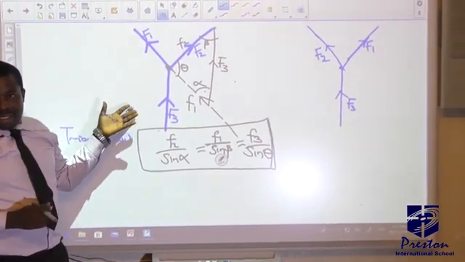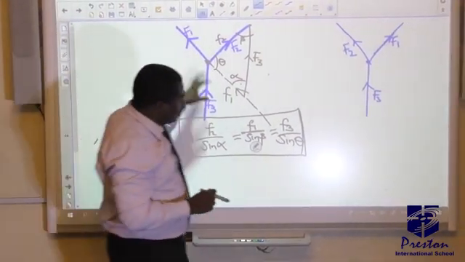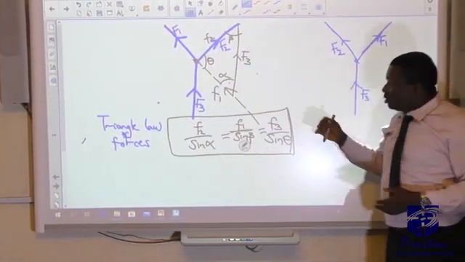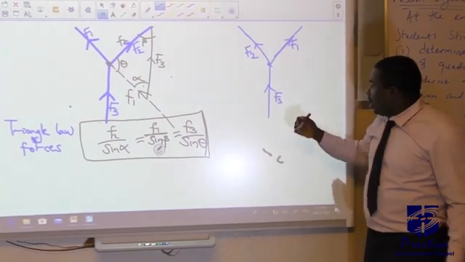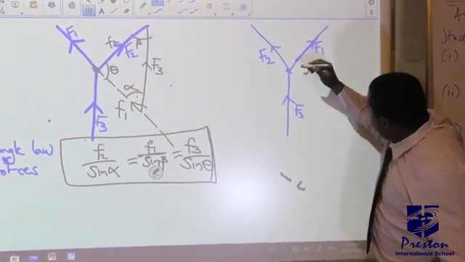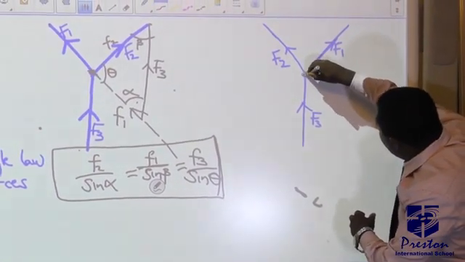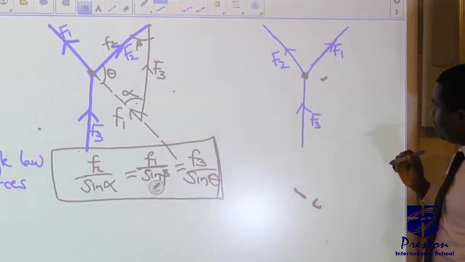If you can still remember, this is what we did on the triangle law of forces. So I'm using the same diagram to explain Lamy's theorem. We have force 1 here and force 2, and this is force 3. All these three forces act on a particular body.